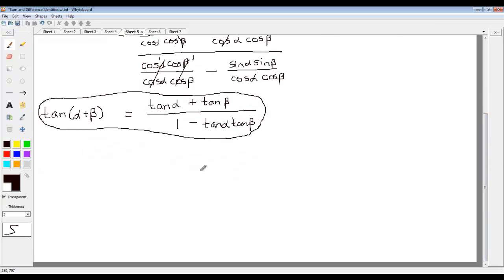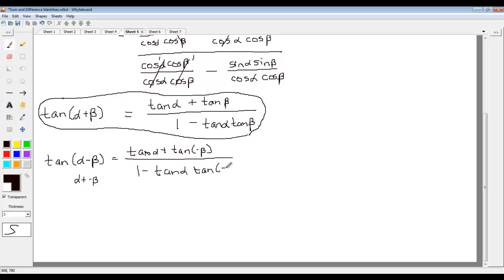And then, as we did before, if you want to do alpha minus beta, think about it as being like alpha plus negative beta. So we're going to have tan alpha plus tan of negative beta all over 1 minus tan alpha tan negative beta.